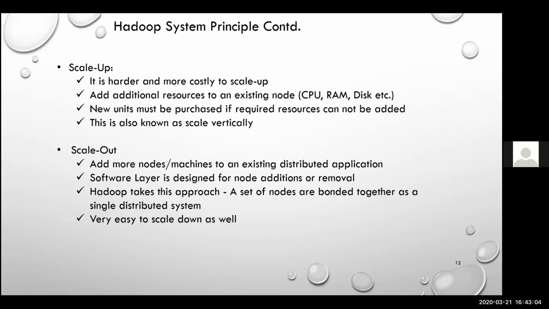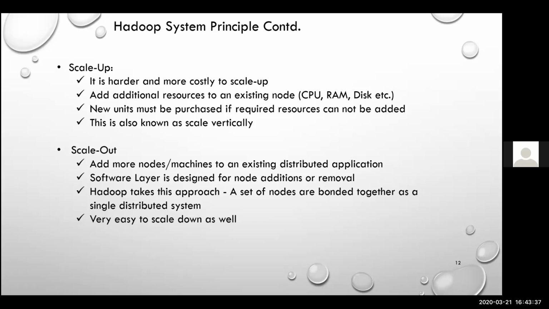And we feel that in the application we need to increase the CPU and memory because the user load is high. So when we expand each of the servers, or any one of the servers, the CPU and RAM within that server, that is scaling up. We are adding resources within the existing nodes of our solution. That is scaling up.